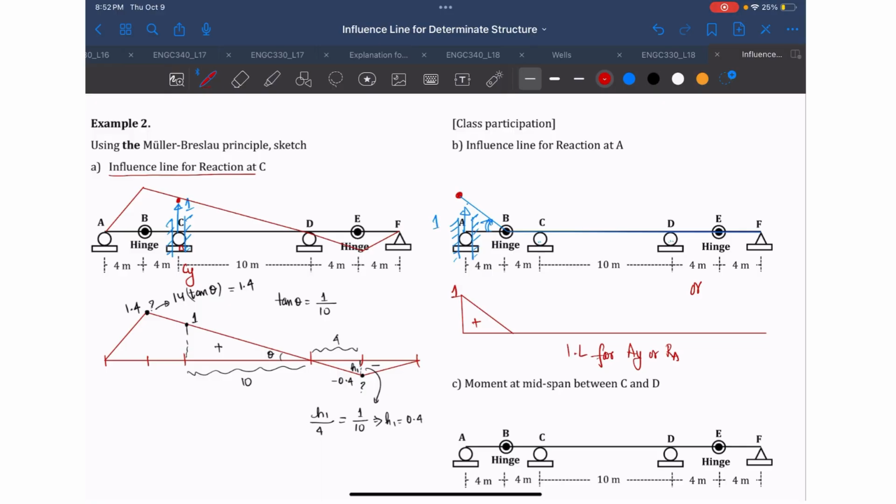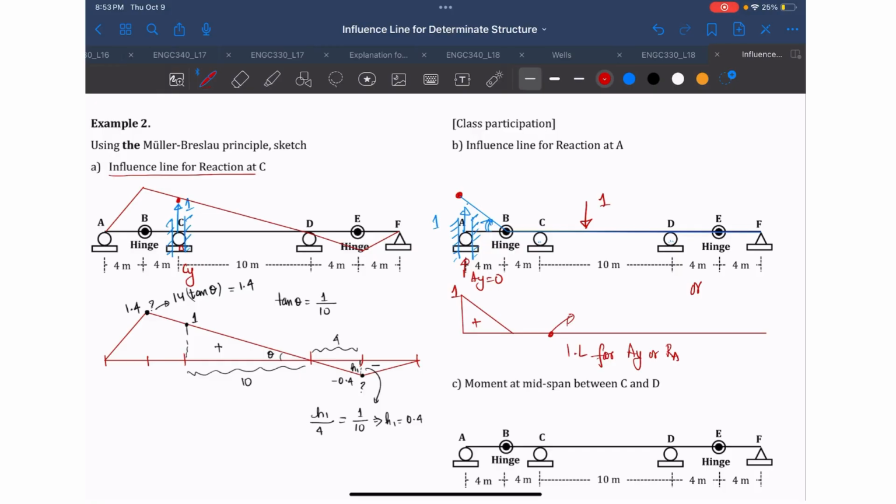You say, okay, I don't understand what it means. What do you mean by 0 here? It means that if you're applying any load 1 in this case, AY will be equal to 0. Which means that when the load is moving beyond B and C, the reaction at A will be equal to 0.